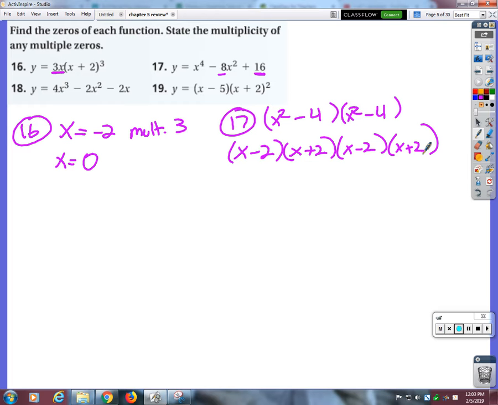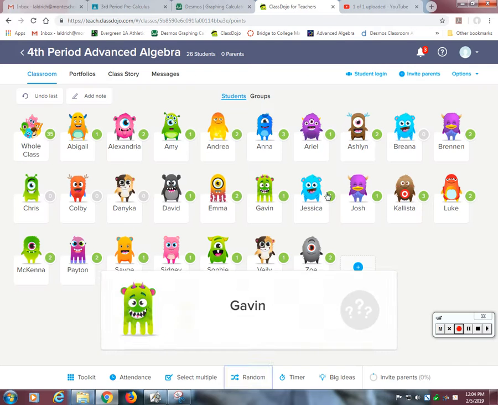Now that we have it factored, what are my 2 answers? Good. 2 and negative 2, and these both have a multiplicity of 2 because they come up twice. Yes, x minus 2 squared, x plus 2 squared.